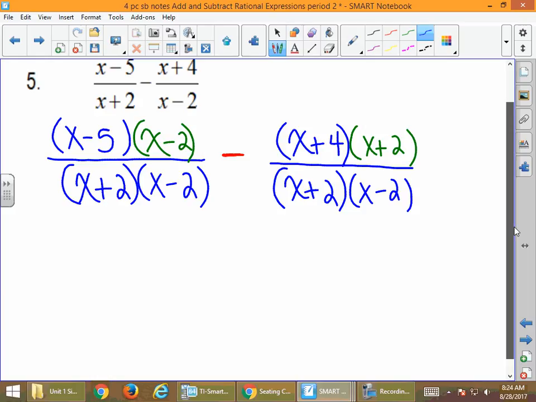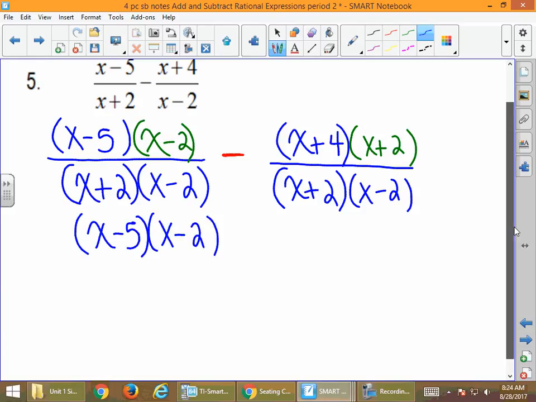So we've got lots of FOILing to do, and I am going to do one extra step in here with the subtraction, because the red negative applies to the entire numerator, or top of the fraction over here to the right. So I'm going to write one extra step. You decide whether you need to do that or not.